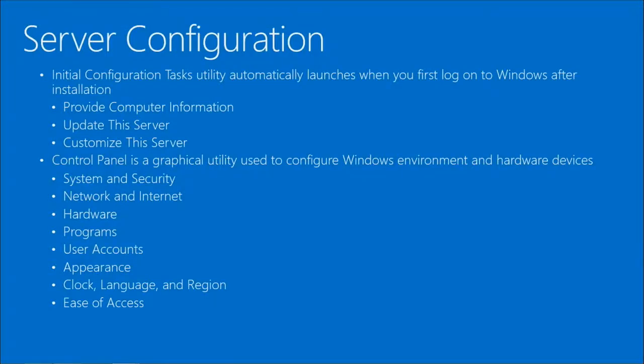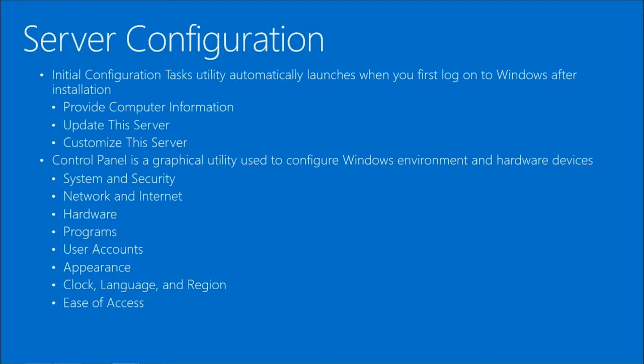Shall we? We shall. Server configuration. So when you first install a server, you have to give it a name, give it an IP address, give it a time zone. These questions are asked in a wizard format to provide this information.